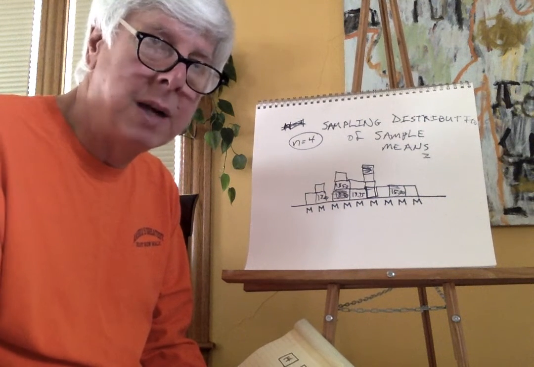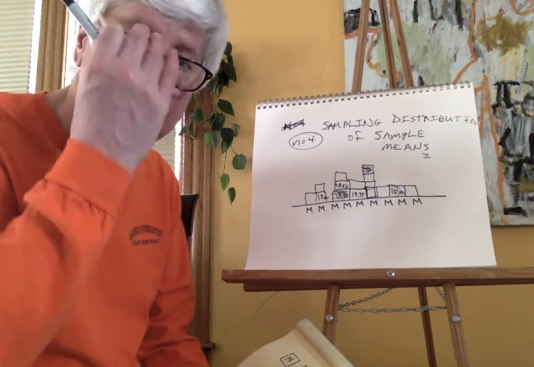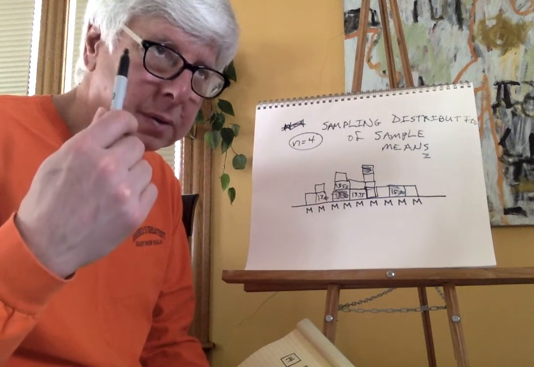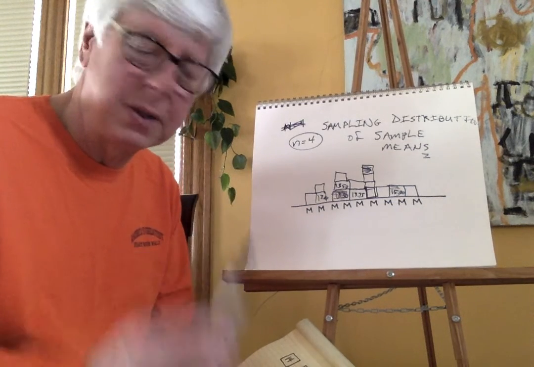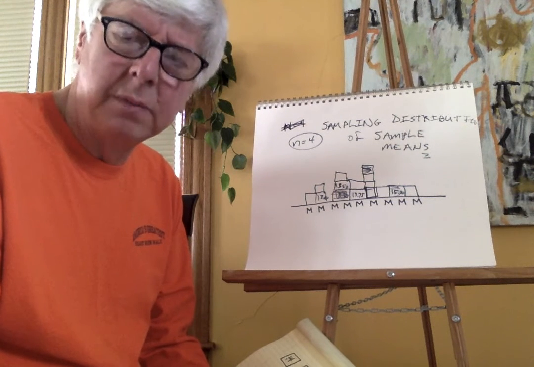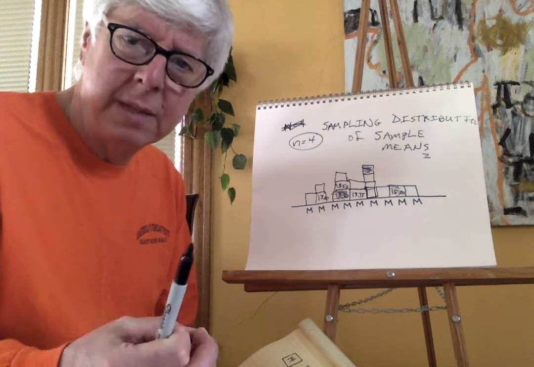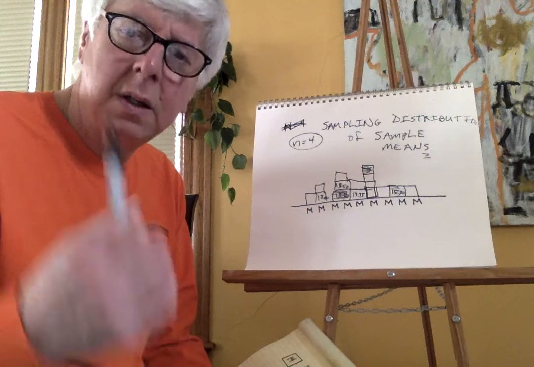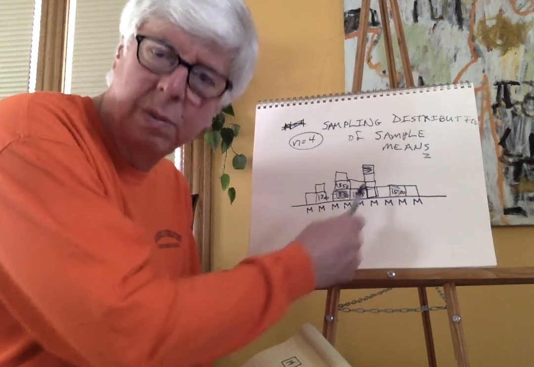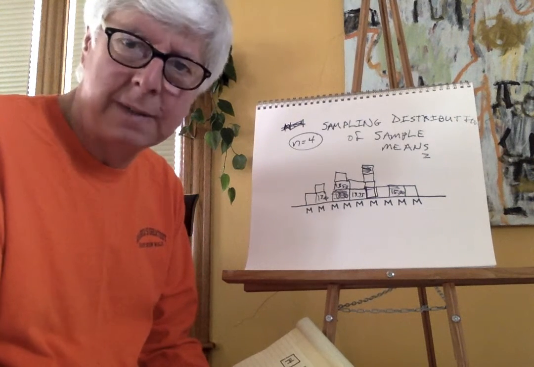Well, I want people to have what I would call a strong memory of this, because I'll be referring to this later, and I want people to remember exactly what's happening, because it's sometimes confusing. If I take out a sample of 10 blocks and find the mean for those 10 blocks, those 10 blocks then only represent one block in this sampling distribution of sample means.